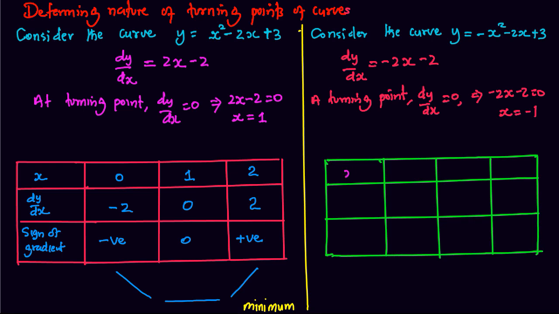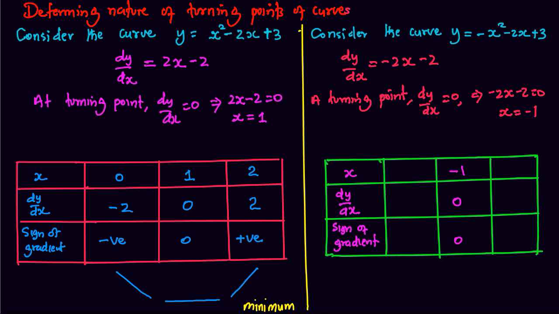So we have the x value, we have dy over dx, and then we have the sign of gradient. At x is equal to negative 1, dy dx is 0. So the sign there is 0.